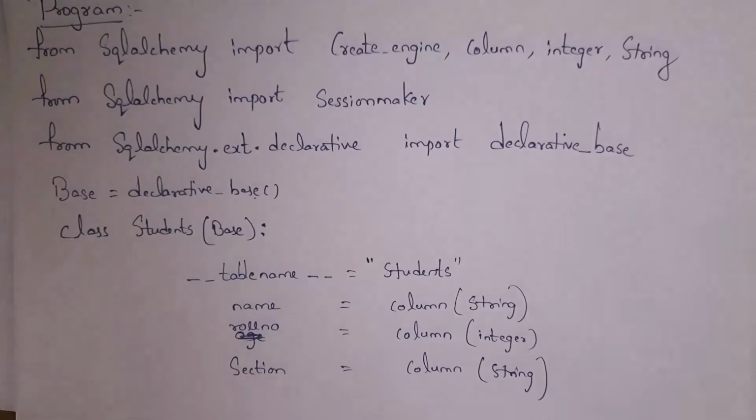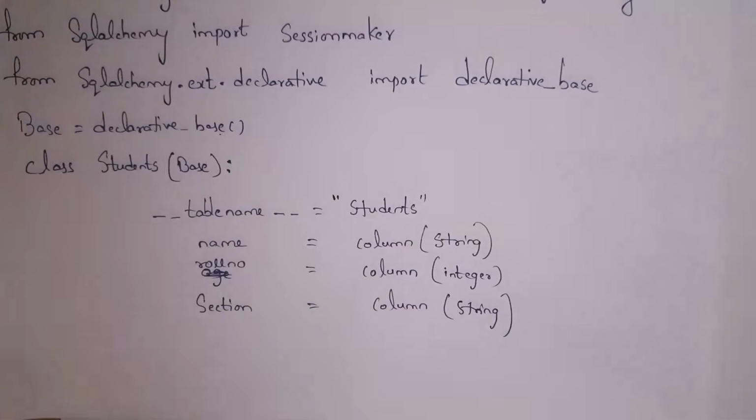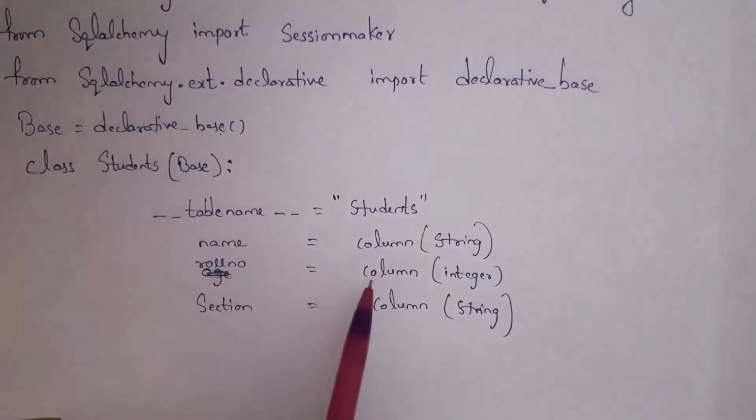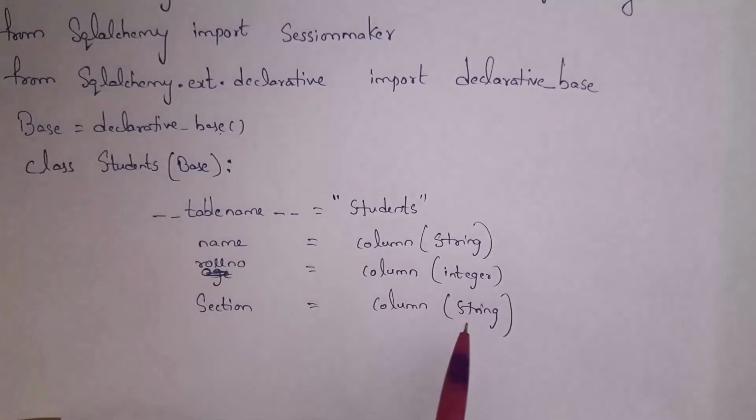Inside name column, I want to enter string value like name Sai, name Raju, name Ramesh, so on. So I written here name equal to column of string. And similarly, I want to give roll number. Next I written here roll number equal to column of integer. I want to give integer value like roll number 21, roll number 22, roll number 5, so on.